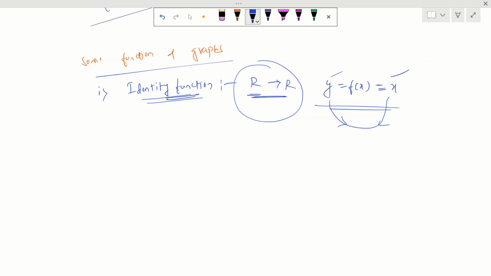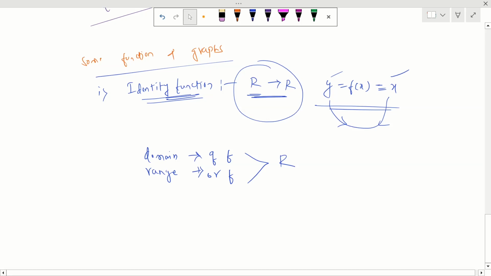What will be the domain and range of the function? Here the domain and range of the function are real numbers only. And in the graph we will get a straight line.